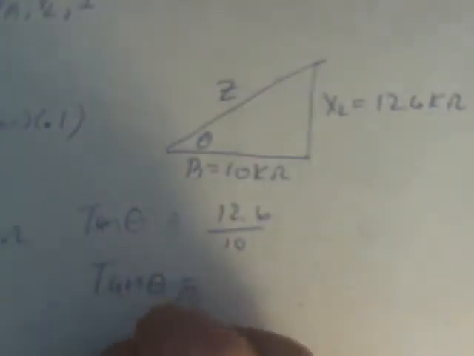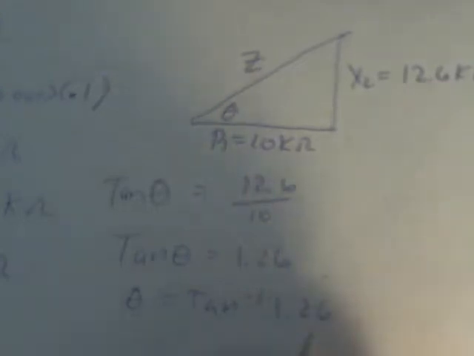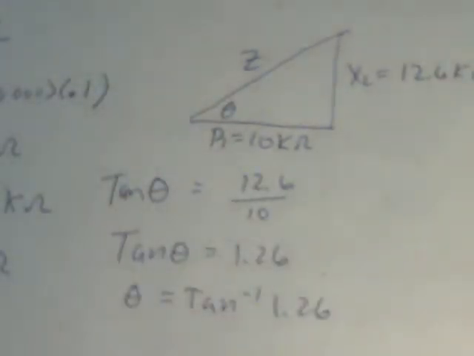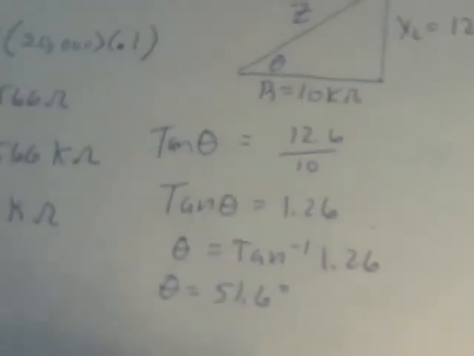So tangent of theta is 1.26. And since we are finding theta, we do tangent inverse. So 1.26 inverse tangent, and I get 51.6 degrees. All right, so I found my angle.